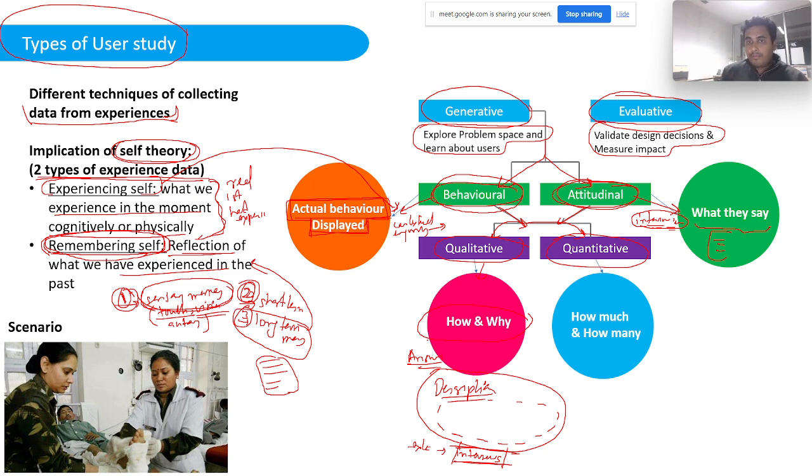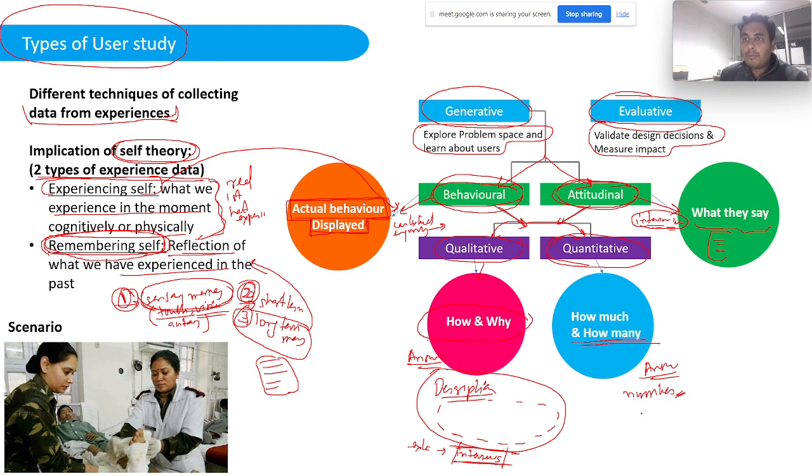The other type of user study is quantitative. In such kind of user study, the data we look for is quantitative in nature. Quantitative means we are talking about numbers here.